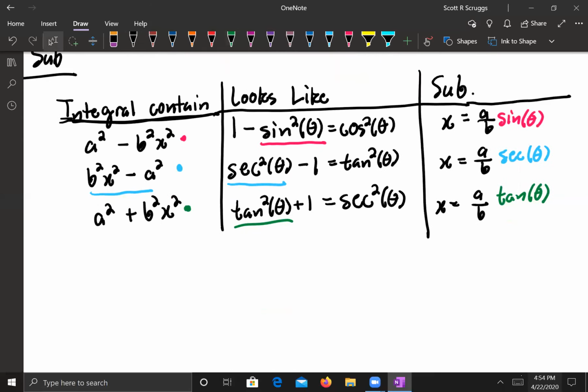Now, another thing that I recommend if you do have a trig sub type of problem, draw a triangle out to marry with what you're doing. And the reason why I recommend that is because if it was an indefinite integral, we're doing what we do for indefinite integrals, which means I have to substitute back with respect to x.